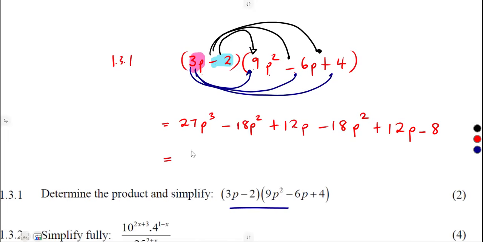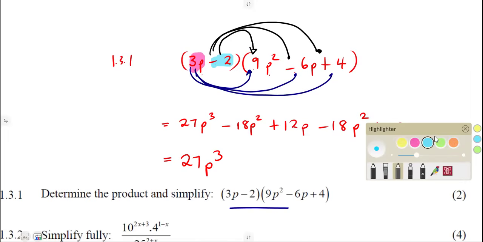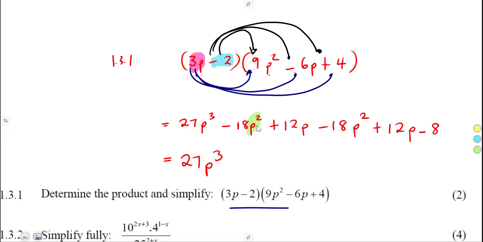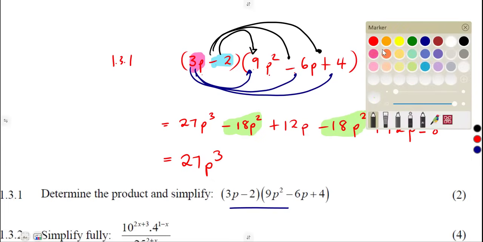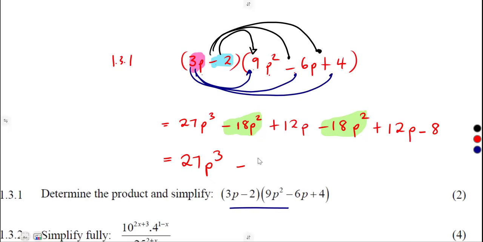And from there, we can collect our like terms. That is going to be 27p to the exponent of 3. There is the part of p squared. Those are like terms raised to the same power. So that's minus 18p squared minus 18p squared. So minus 18 minus 18 is going to give us what? Minus 36. So that's minus 36p squared.